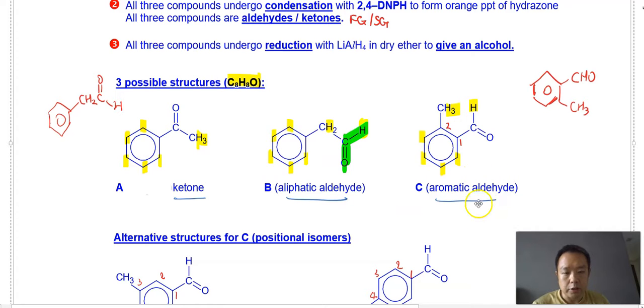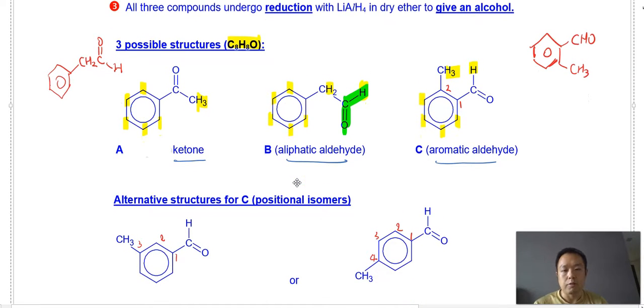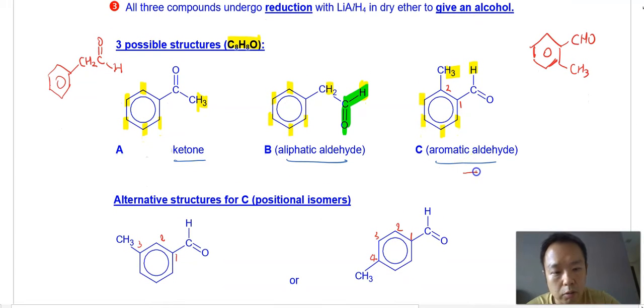Alright, first consideration, I can separate the aldehydes from the ketone. So what is the reagent that we can use to test for aldehydes? For example, you recall Tollens' reagent together with warm. Alright, test number 1. We'll be able to distinguish the aldehyde.